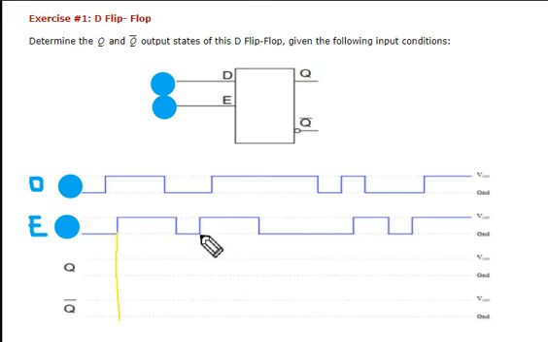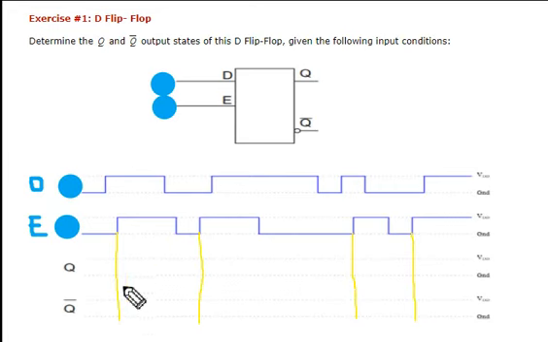Over here is also a rising edge, so let's mark that down. This is a rising edge as well, and this is a rising edge. Now that you've got that over with, let's get started on drawing the Q output state.